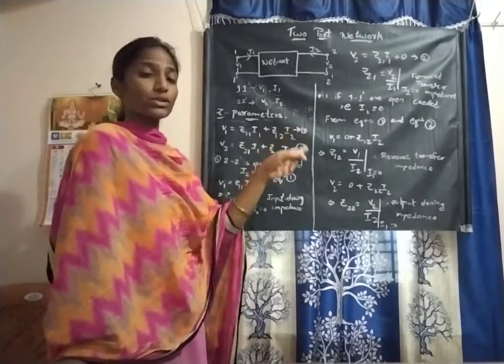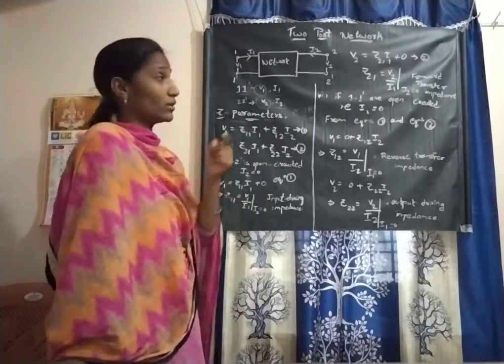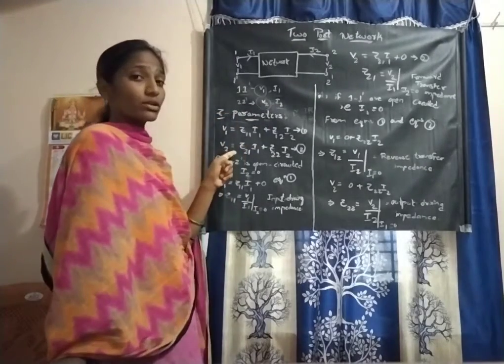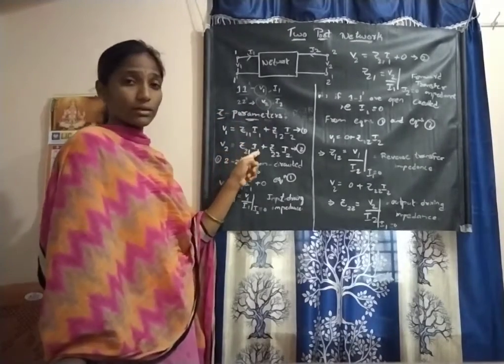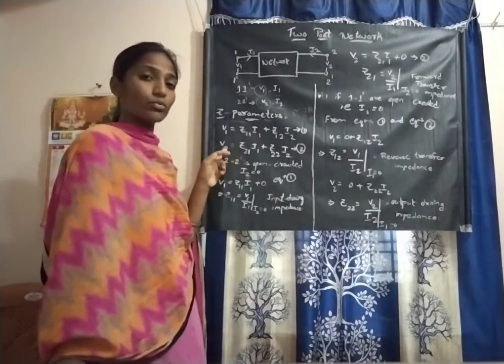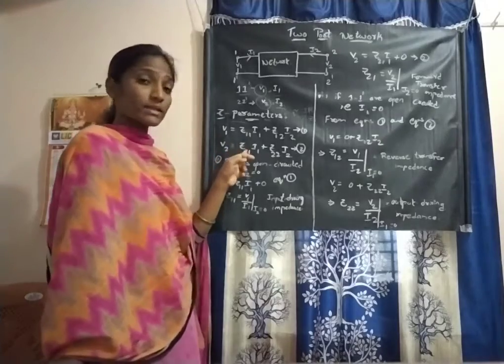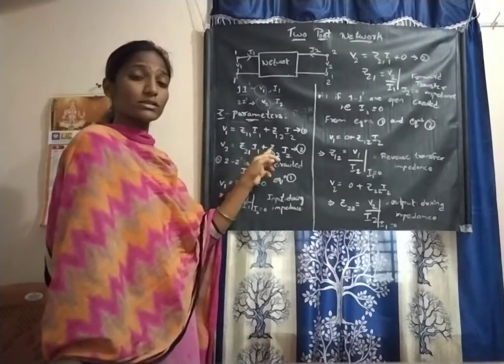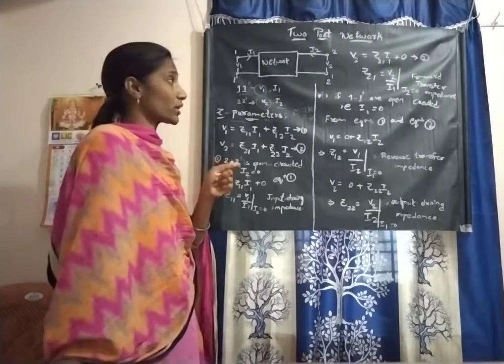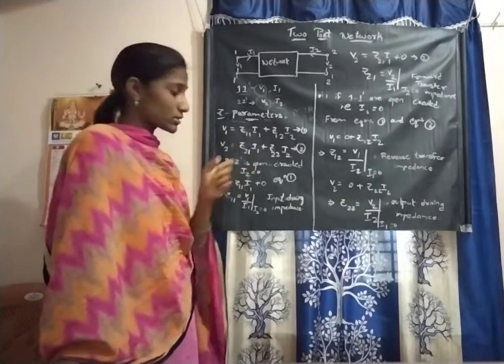This is one of the equations relating port 1 and port 2. Next, V2 equals Z21 I1 plus Z22 I2. These are the two equations we can derive from the two-port network system.